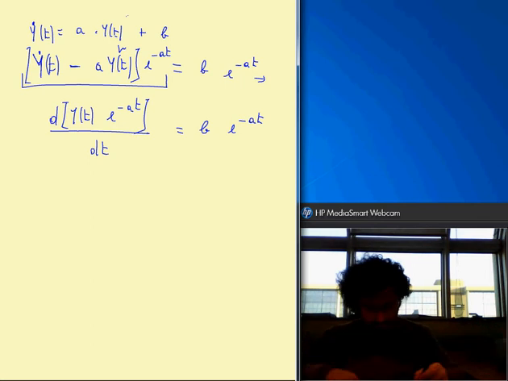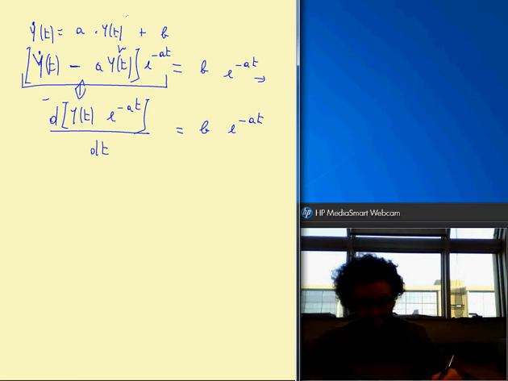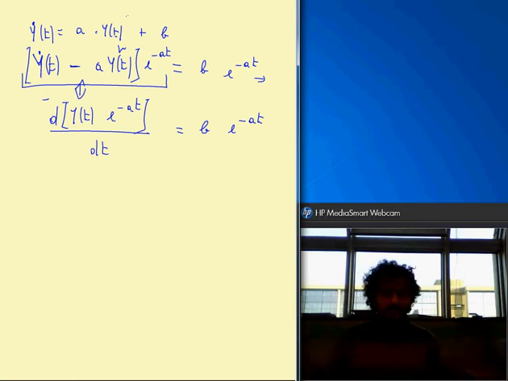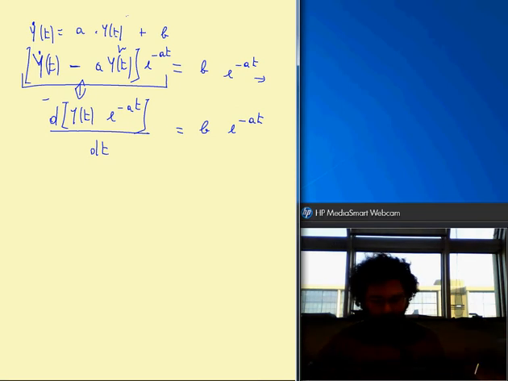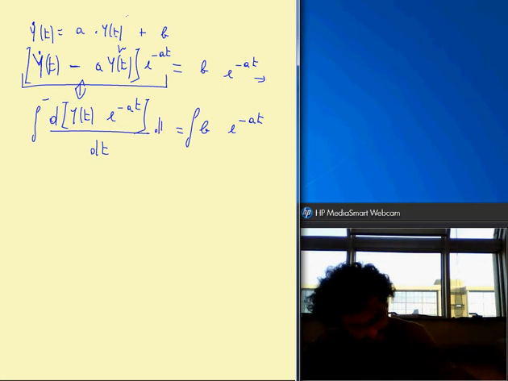You can check by yourself that the left side is equal to this derivative, by applying the derivative of a product between two functions. In this case, we can integrate both sides with respect to time.